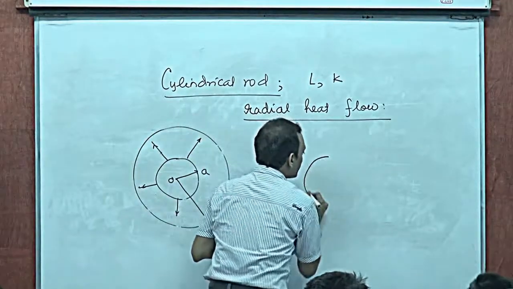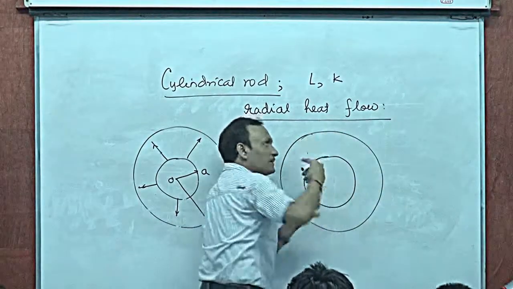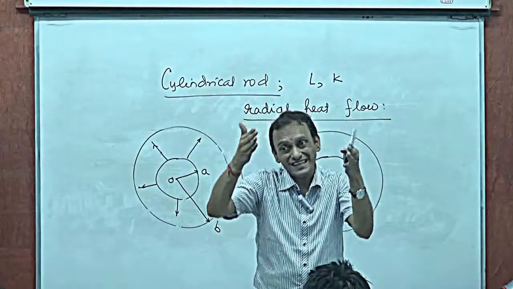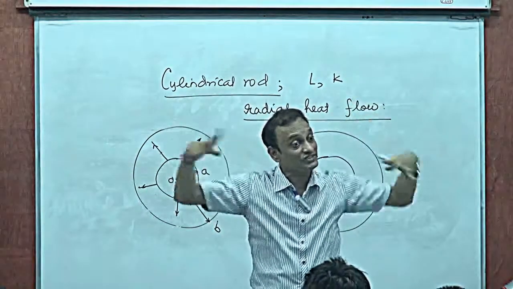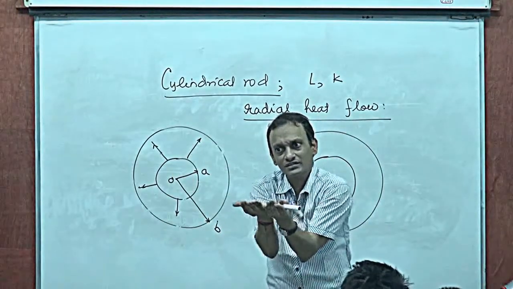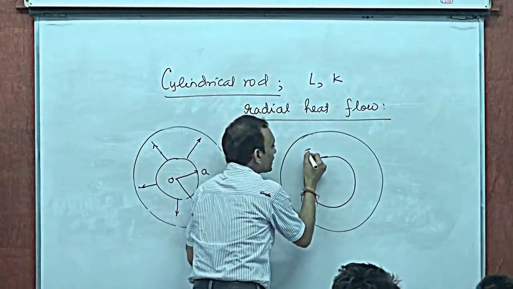It's not constant. If you look at a radial flow of heat, then the area over which heat is flowing is through cylindrical surfaces, whose curved area will vary as you move away from the center.